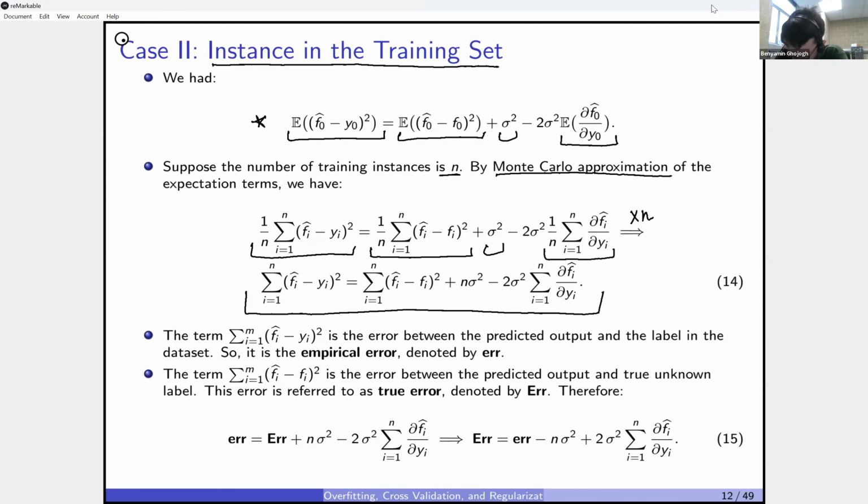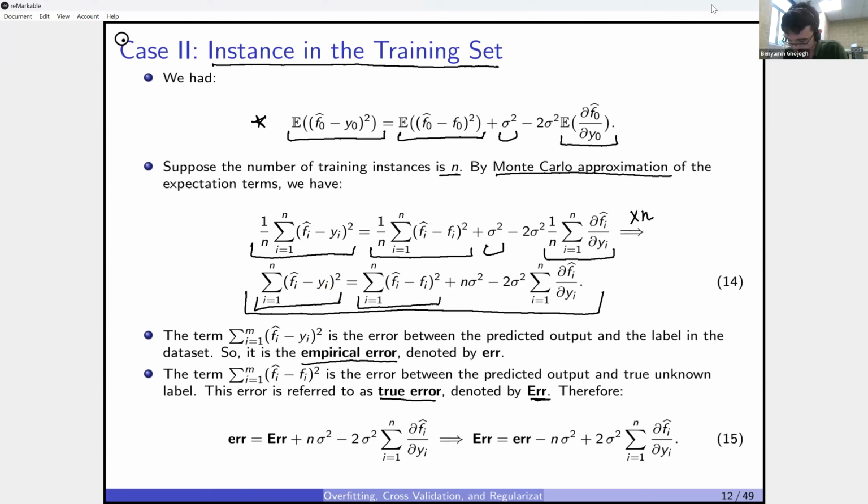Okay. Now, again, as before, this term is the error between the predicted output and the labels in the data set. So it's an empirical error. However, this is the error between the predicted output and the actual true labels, which we don't have. That's the true error.